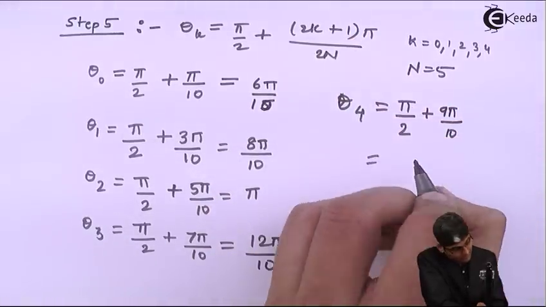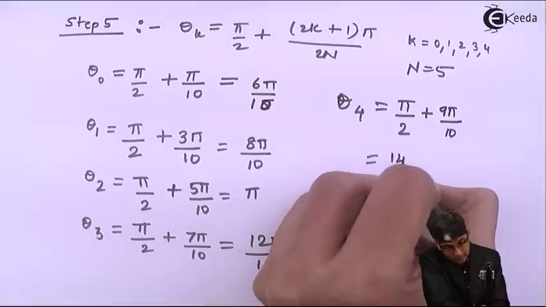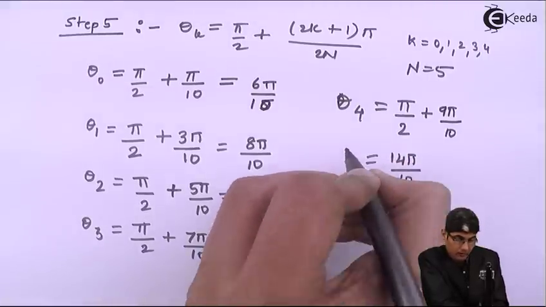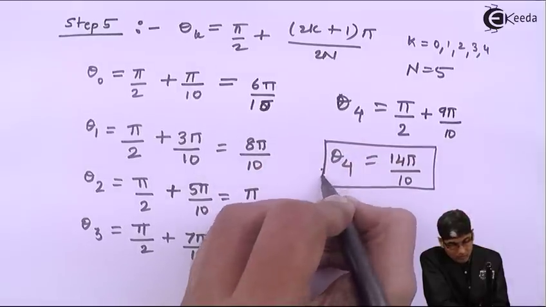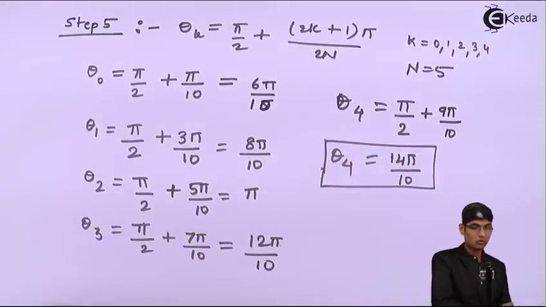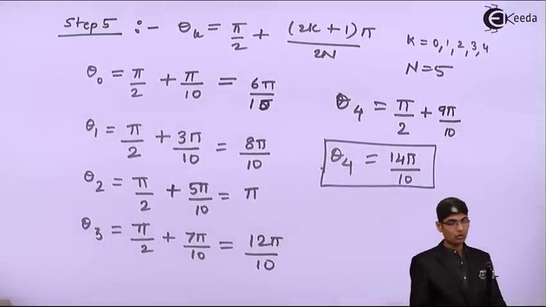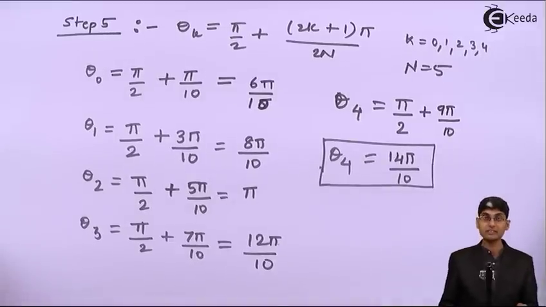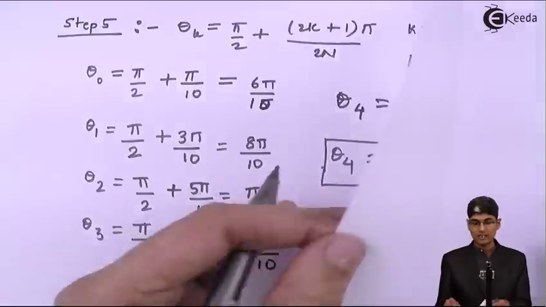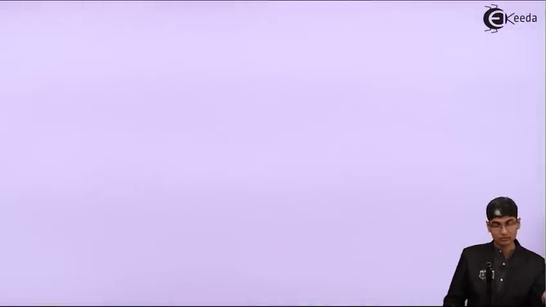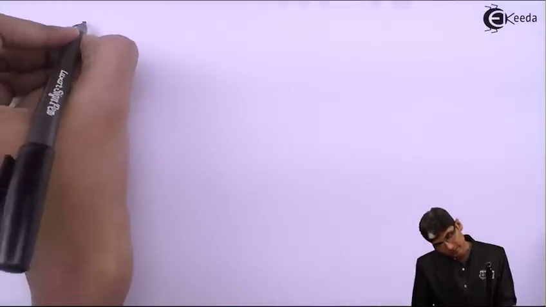And that factor will be 14 pi by 10. This is theta 4. So now I have theta 0 to theta 4, all the 5 factors. Why do I need this? Because I need to calculate the poles. So let us calculate the poles of the filter. So step 6.